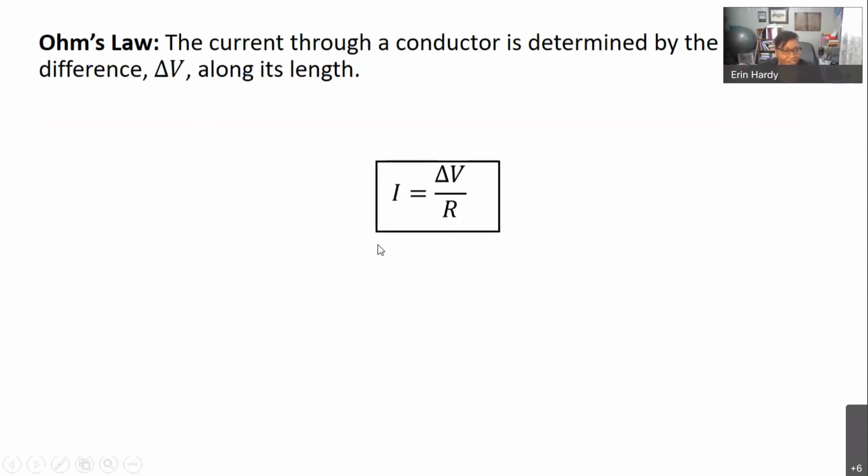And this relationship here is Ohm's law. This is going to be incredibly useful to us over the next 2 chapters specifically, but it's going to show up throughout the entirety of Unit 3.